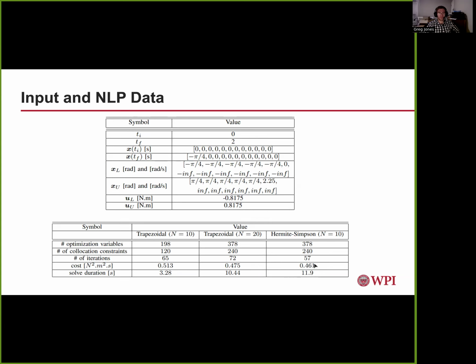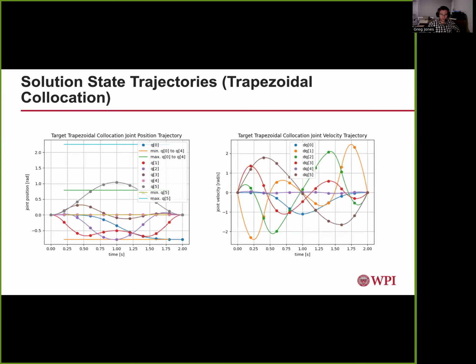So you actually get smoother motion with Hermite Simpson. And this improved accuracy helps to optimize and approximate more accurately a lower cost value, the lowest cost value out of this data.